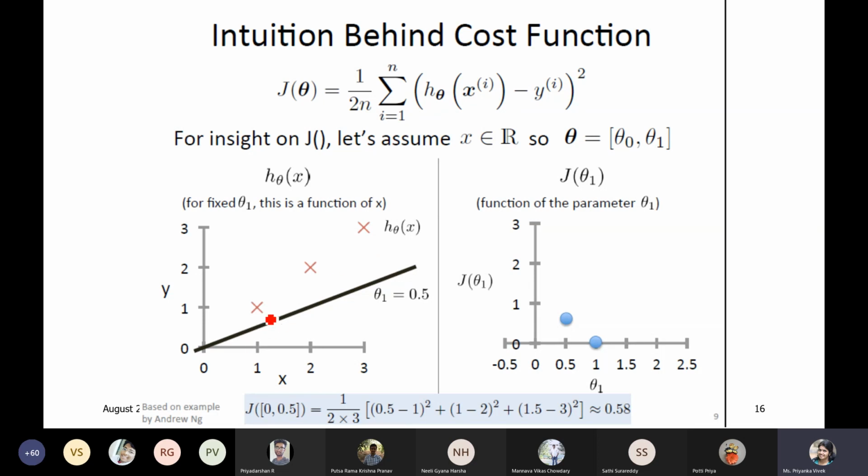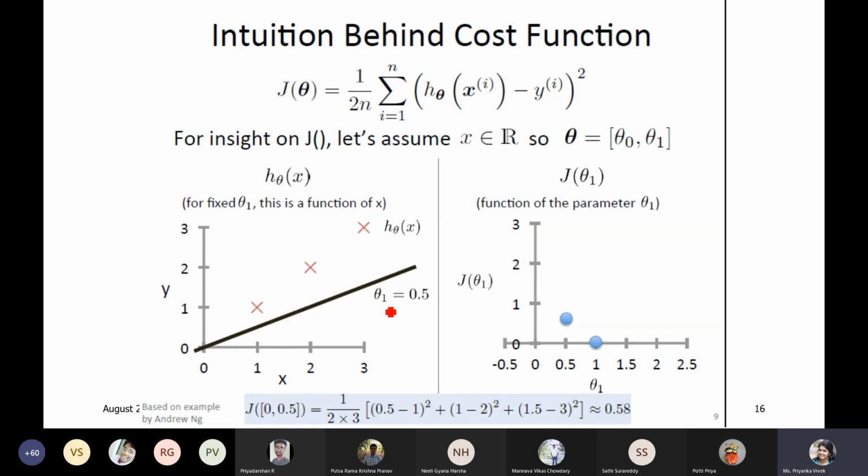Now can you tell me what the predicted points are? You know that now, ma'am, theta 1 equal to 0.5. Yeah, correct. Tell me. Somebody said something, please repeat.